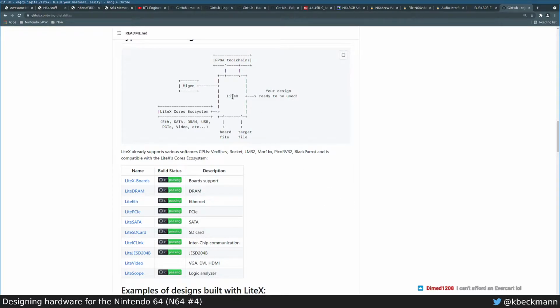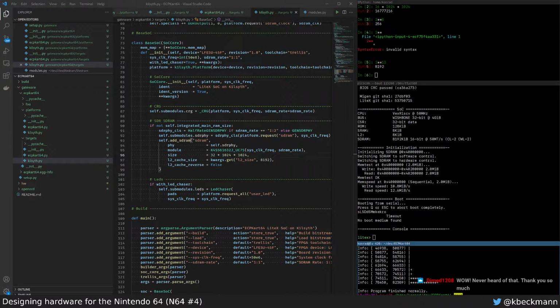So what it does is it's an ecosystem and SoC builder that lets you combine different types of FPGA projects. You can basically just put them together, add some glue, press build, and now you have a working FPGA project. I did that just now, like 1 hour ago. So let's have a look at that.